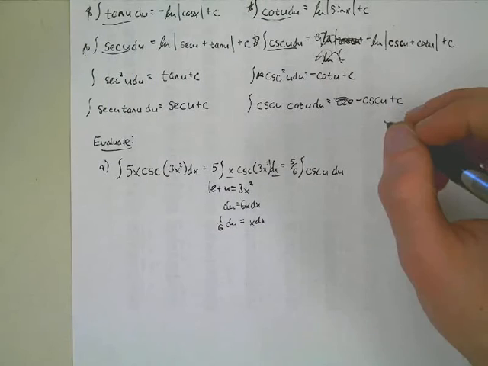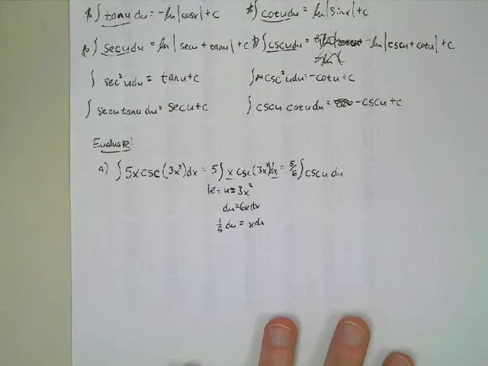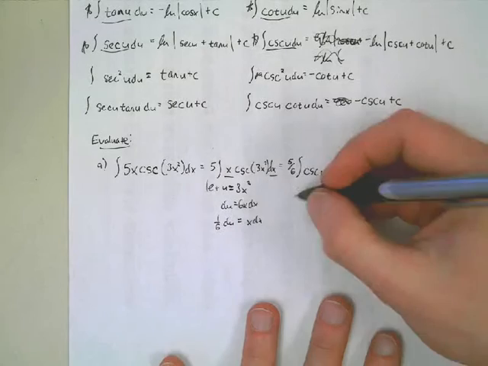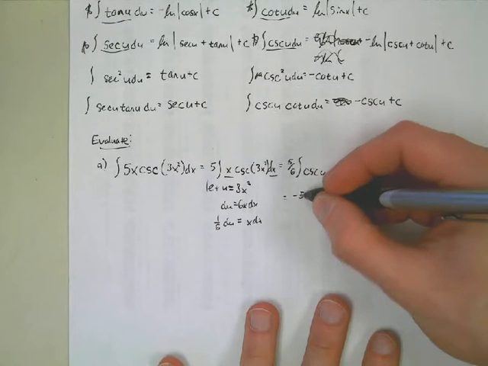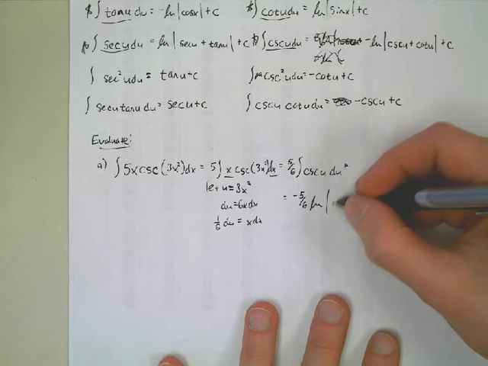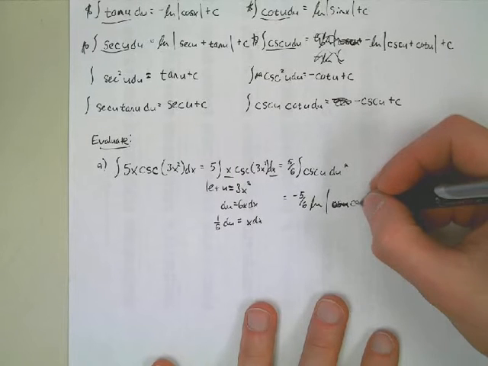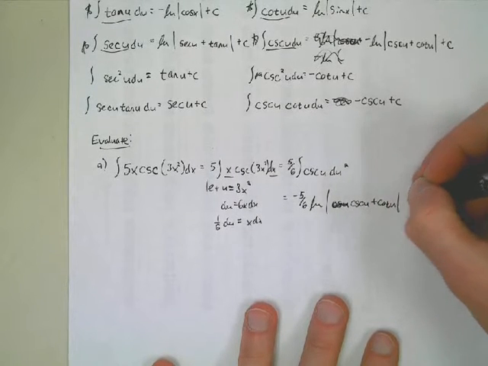And Donovan, what is the integral of cosecant of u? Yeah, so it's going to be negative 5/6 natural log of the absolute value of cosecant u plus cotangent u plus c.